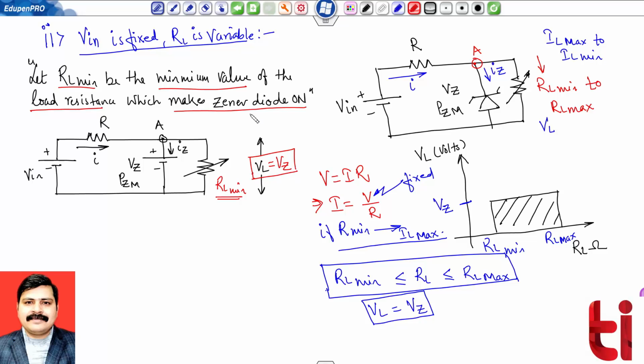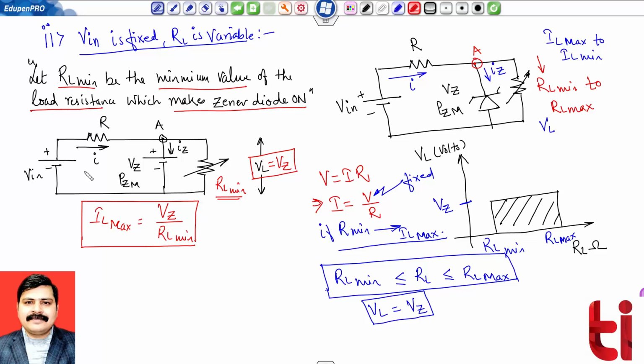So I can calculate the value of IL max, and IL max will be simply VZ divided by RL min.